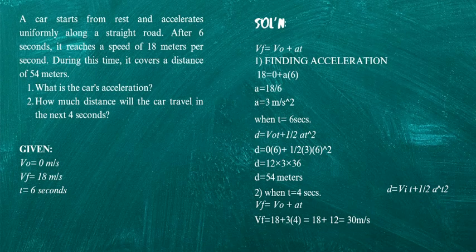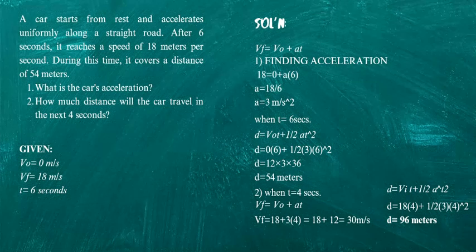Now, plug in the values, and we have d equals 18 times 4 plus 1/2 times 3 times 4 squared. So the car will travel 96 meters in the next 4 seconds. So the final answers are: the car's acceleration is 3 meters per second squared, and the car will travel 96 meters in the next 4 seconds.